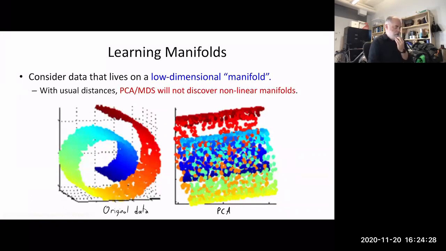If you just use regular distances in this particular case, and you can see why this is a good example, neither PCA nor MDS will discover a good latent variable representation or embedding for this data.